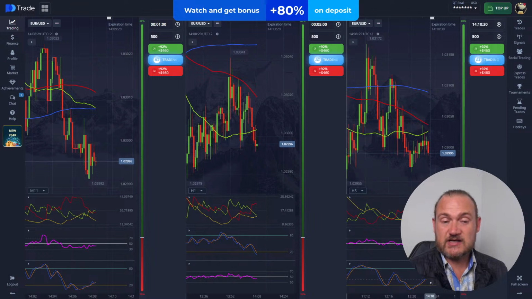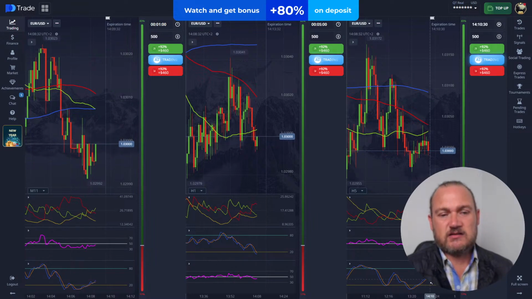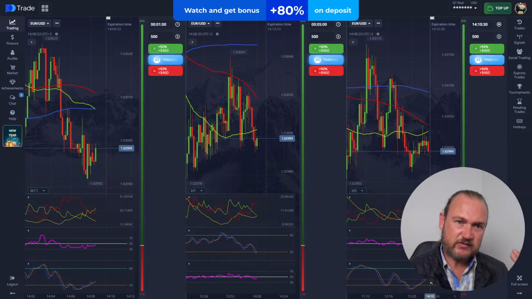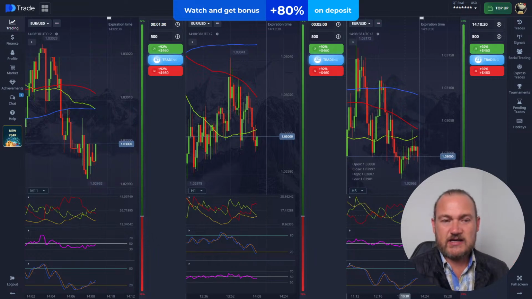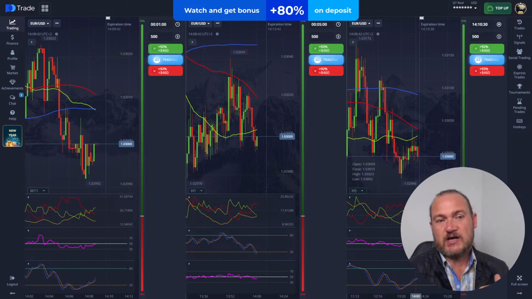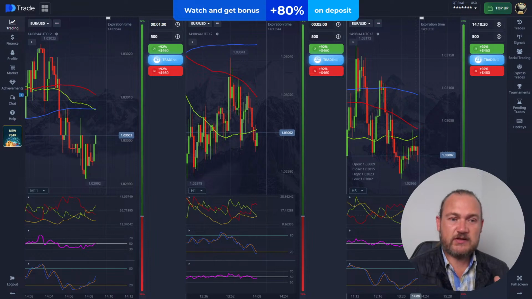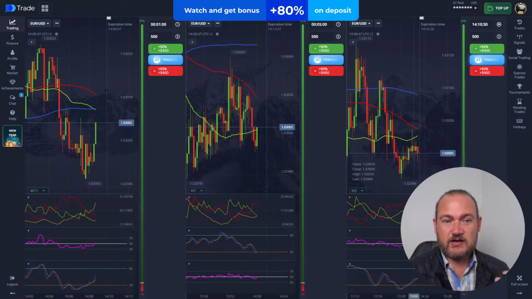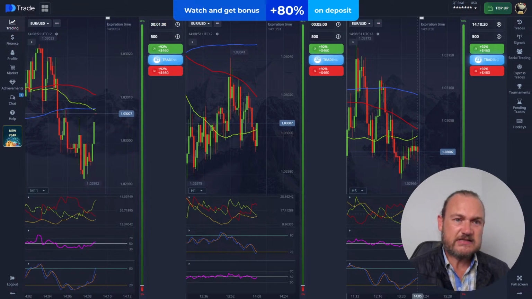My stochastic also hasn't yet crossed over the 50, the halfway mark, to the upper side. And on the ADX, my DI minus is dominant at the moment, telling me we are seeing more downward movement than upward movement. My DI plus is super low, while my DI minus is dominant.